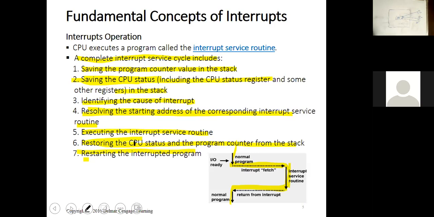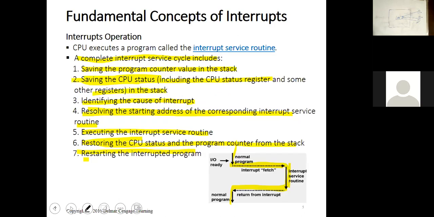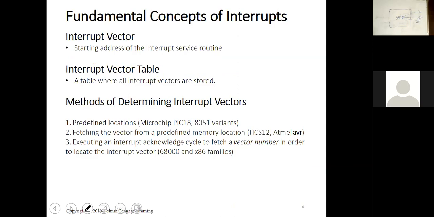However, in some other microcontrollers, saving the CPU status, in other words the registers, is not done automatically when we start to service an interrupt request. One thing that also varies between microcontrollers or CPUs is resolving, or knowing, the starting address of the interrupt service routine. There are many different ways to do that, depending on the microcontroller or CPU that we work with.